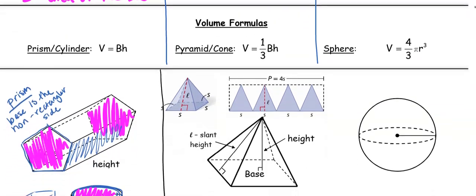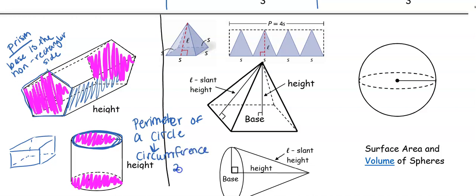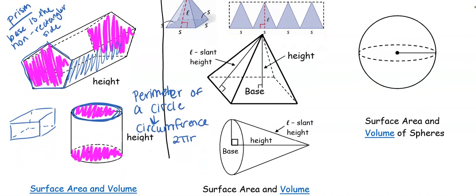Just a note that if you have the perimeter of a circle, that is the circumference, which is on the first review, which is 2 times pi times r. So when you have a cone or a cylinder, when you're looking for the perimeter of the base, you're looking for the circumference of a circle.